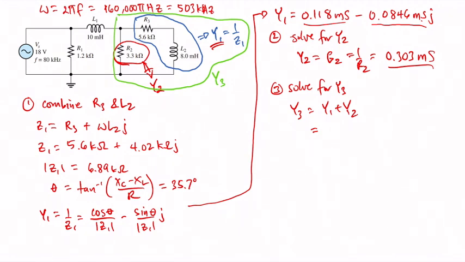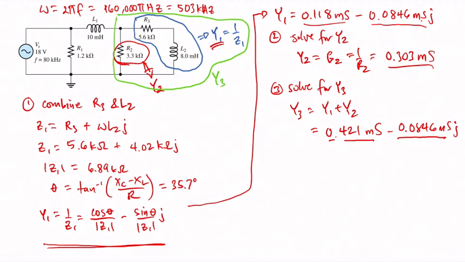So Y3 is equal to 0.421 millisiemens minus 0.0846 millisiemens j.